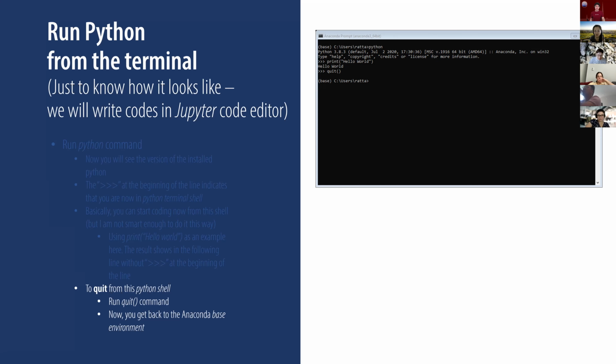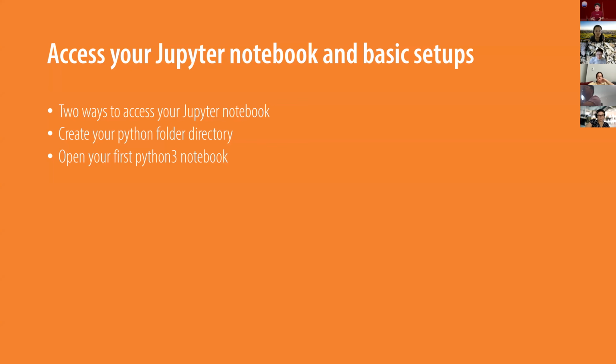So what I'm going to show you next is how to code in the Jupyter Notebook. Jupyter Notebook is a text editor where we can run Python code or other coding languages. There are several options for text editors.